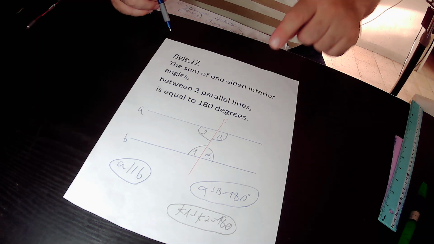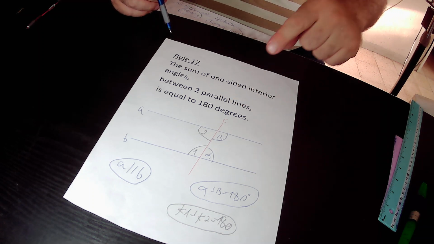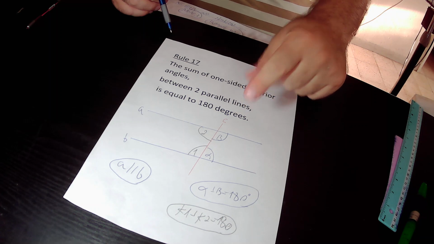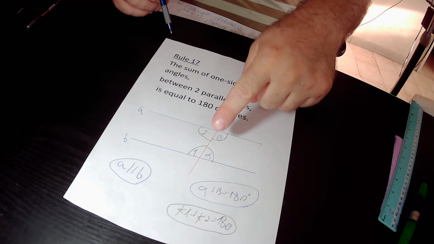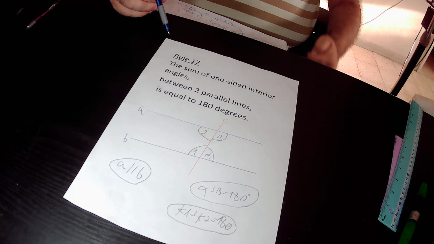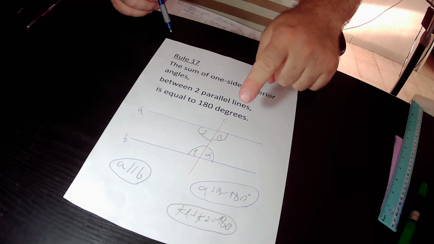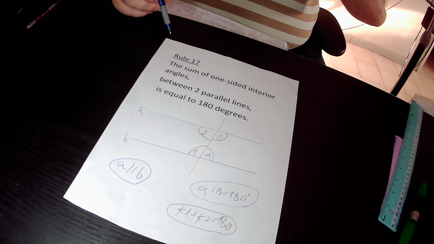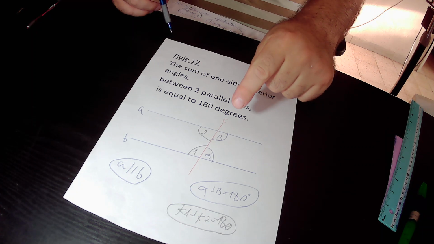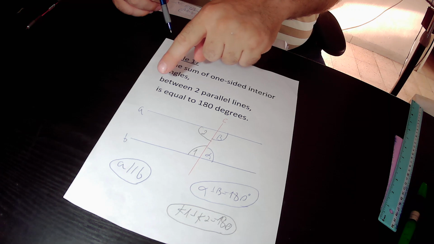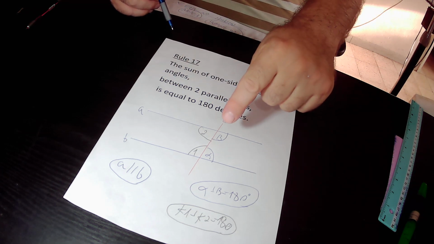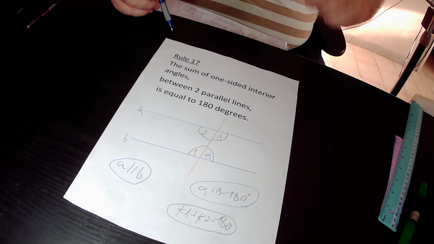They are one-sided angles because those two angles alpha and beta are located at the left side of the straight line C. They are both located at the left side of the straight line C, and they are defined as interior angles because they are located between line A and line B. They are located between the parallel lines A and B. So in total, those two angles are defined as one-sided interior angles.